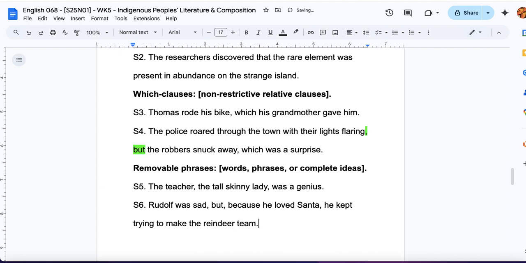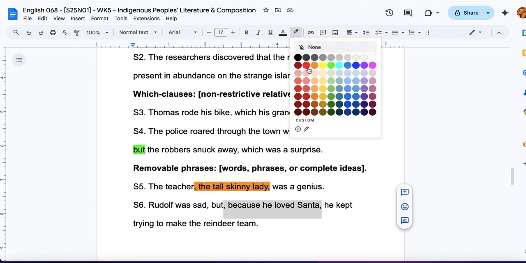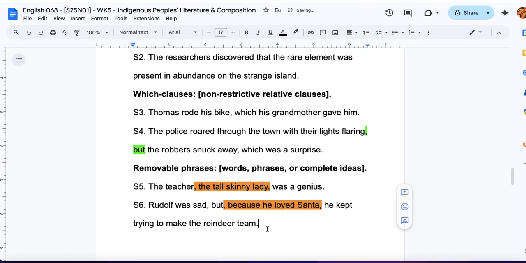Okay, Rudolph was sad, poor Rudolph, comma, but because he loved Santa, comma, he kept trying to make the reindeer team. So you can see in this case, we have our two removable phrases, and they both tell extra information, but they're non-essential, right? And you do see that we've surrounded them by commas on both sides.